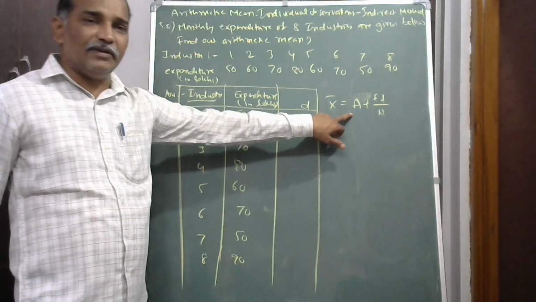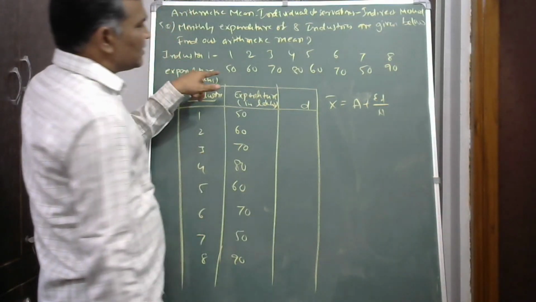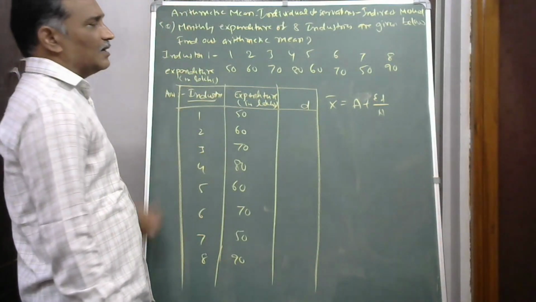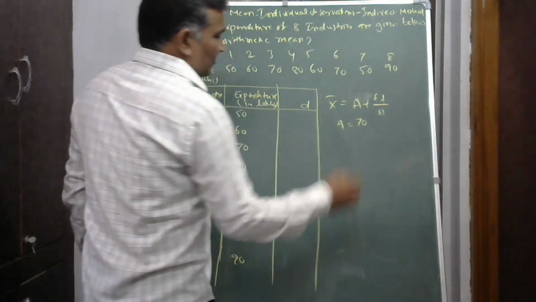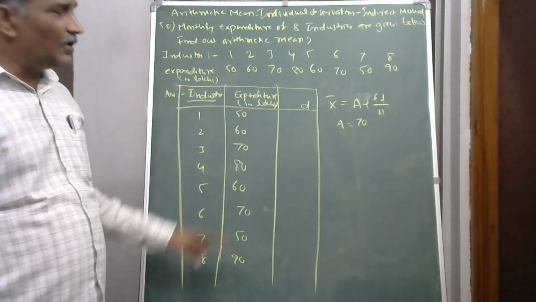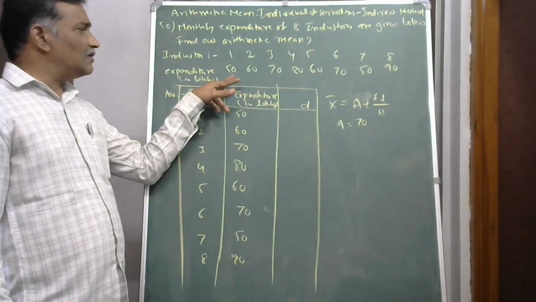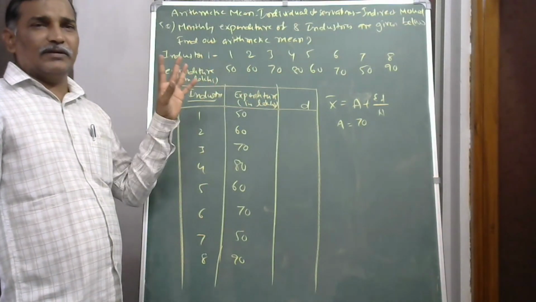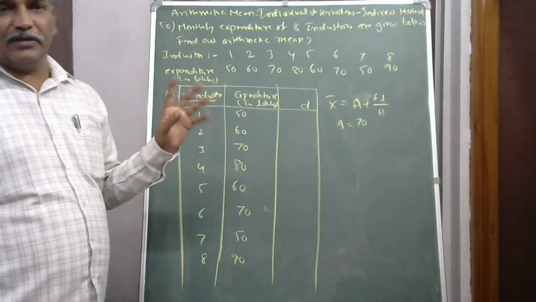We can take any value as the assumed mean. The lowest value is 50 and the highest value is 90, so we will take the assumed mean as 70. To be on the safe side, we are taking the mid value of the series.